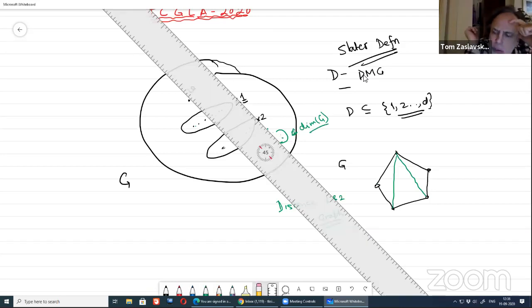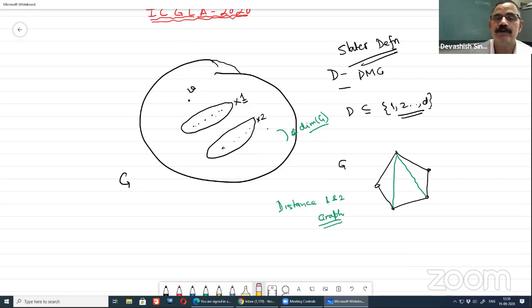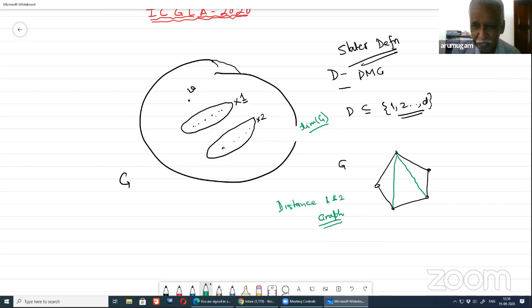Well, why not equal? Because then it becomes a complete graph. If you take it equal, then everyone will be added, all vertices will get into the summation. So it should be strictly less than. Strictly less is better.